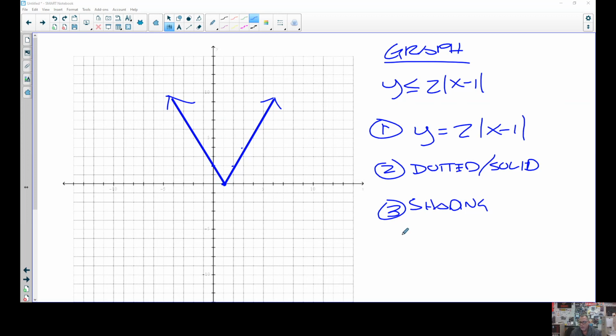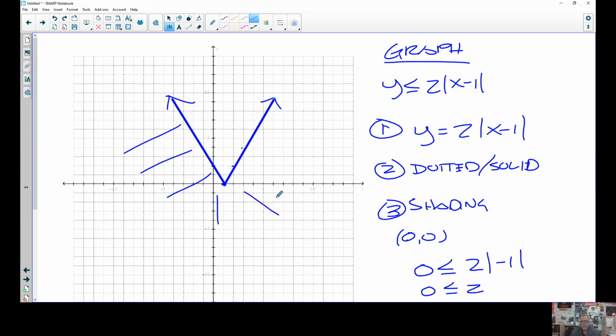So I like to try (0, 0), as you're well aware if you've been paying attention. I like to plug that in as my test point. So I'd have 0 less than or equal to 2 times the absolute value of -1. So that's just 0 less than or equal to 2, right? Is that true? Absolutely. So we're going to shade everything out here. All right. There's one example.